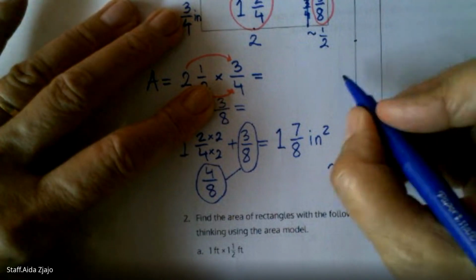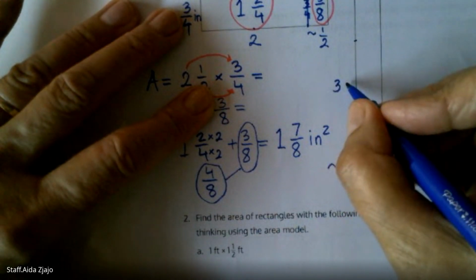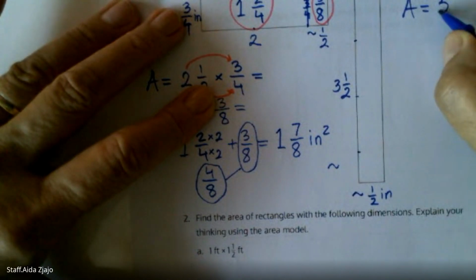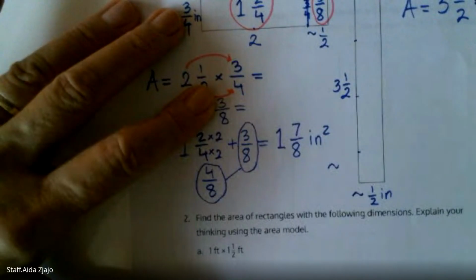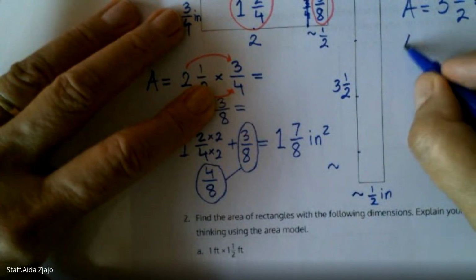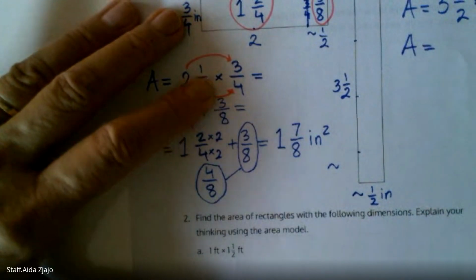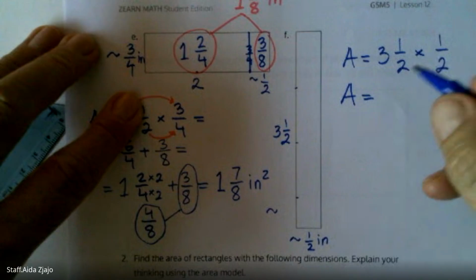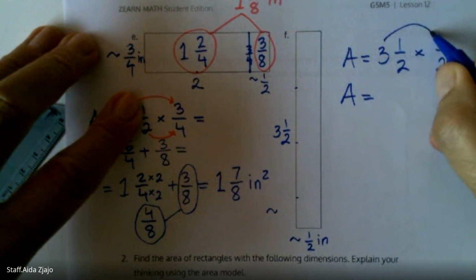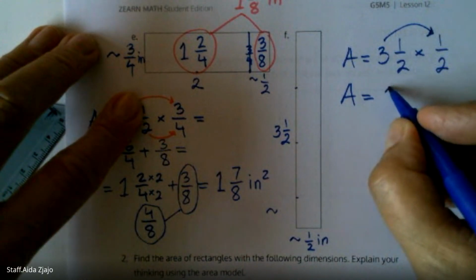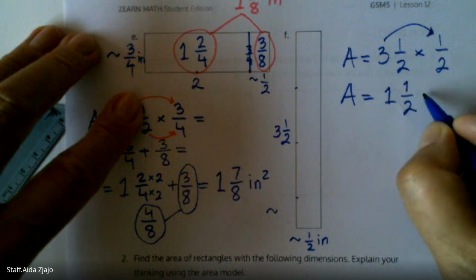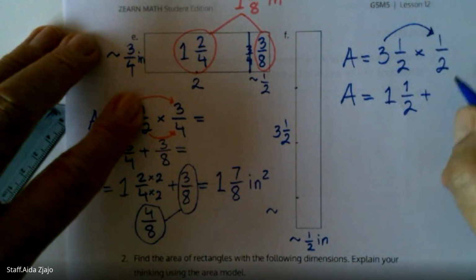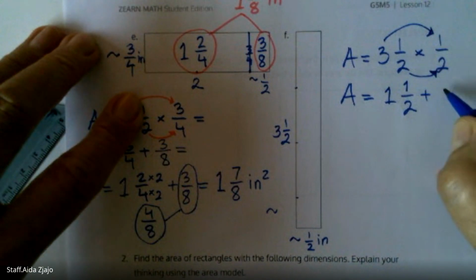3.5 inches. Okay, so 1, 2, 3.5. Okay, so area equals 3.5 inch times 1/2 inch. So that's an estimate because we didn't really measure. We estimate this is a 1/2, so 3 times 1/2 is 3/2, which makes 1 whole and 1/2, and 1/2 times 1/2 is 1/4.